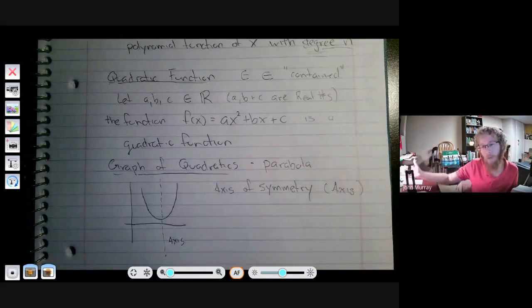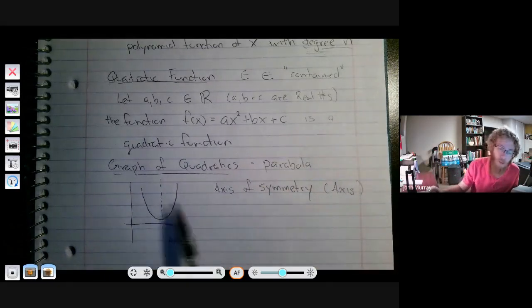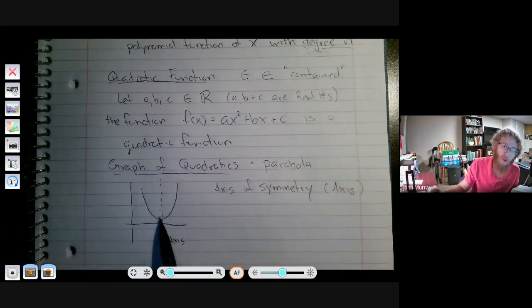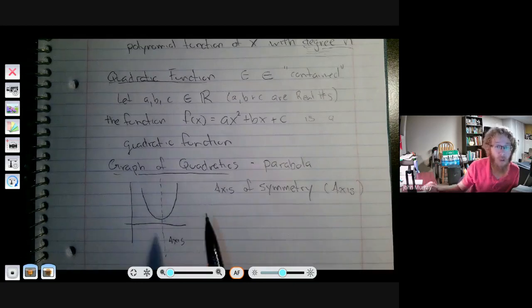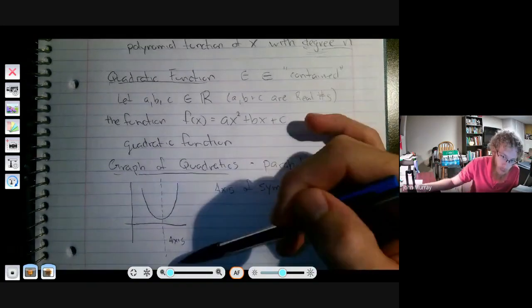In terms of geometry, it doesn't look like it here because this is just a sketch, but the axis of symmetry serves as a reflection line. Anything that happens on the right side has to be reflected over to the left side. So your parabola will always be symmetrical on the axis of symmetry.